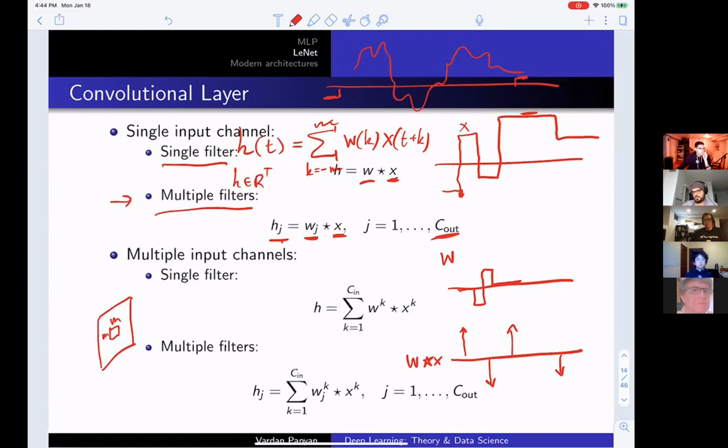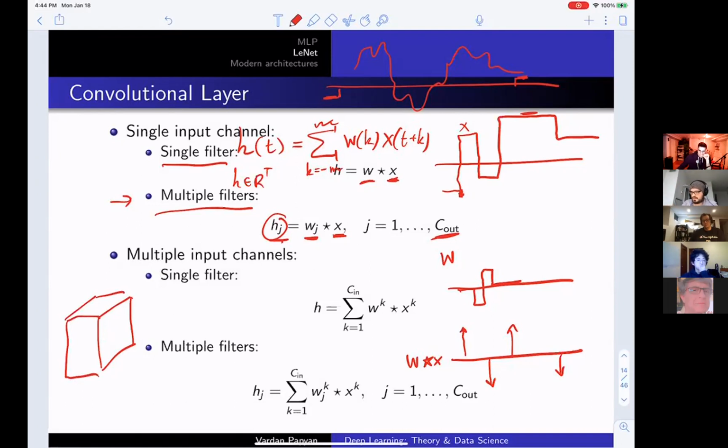So the filter is very small. Now, if you apply a bunch of different filters to an image, each one of those HJs is the size of the image, because you're convolving an image with a small kernel, so you get something which is the size of the image. You can then stack all of these outputs together, and you get a 3-dimensional tensor.